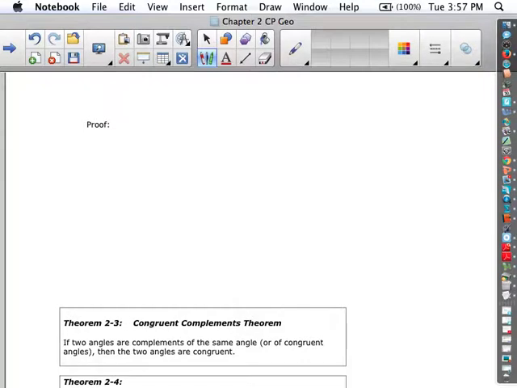So here's my picture. And I will label this 1, 3, and 2. So it's going to prove vertical angles are congruent. That's what we're going to prove algebraically.